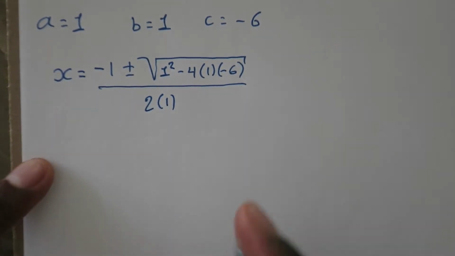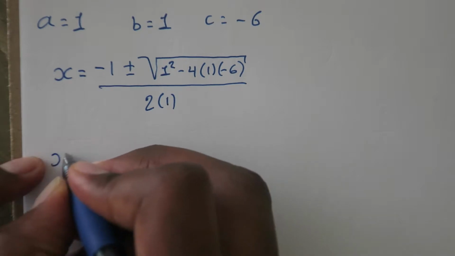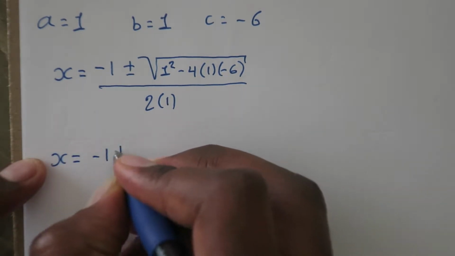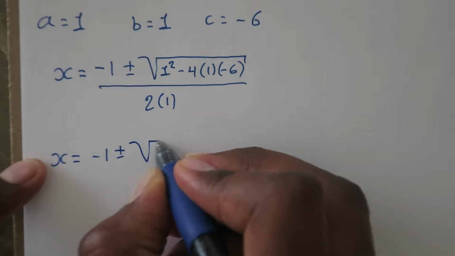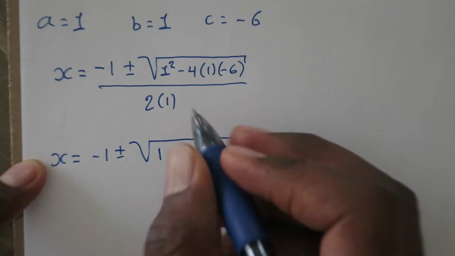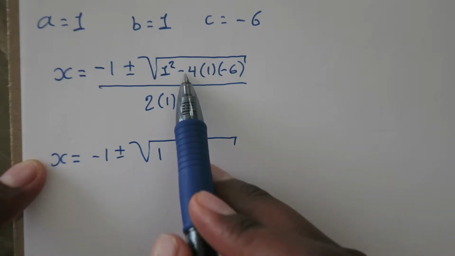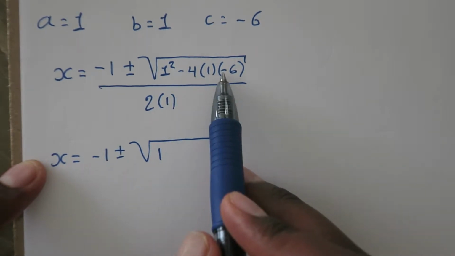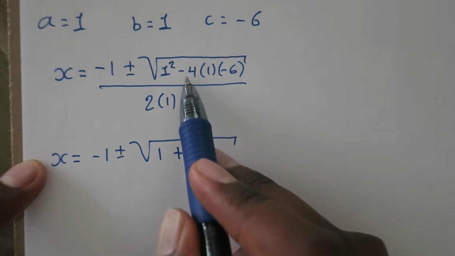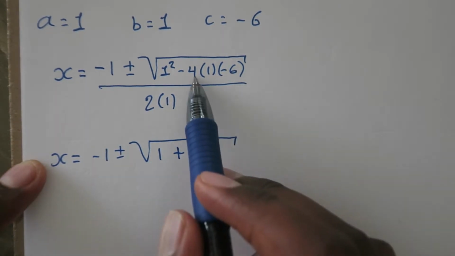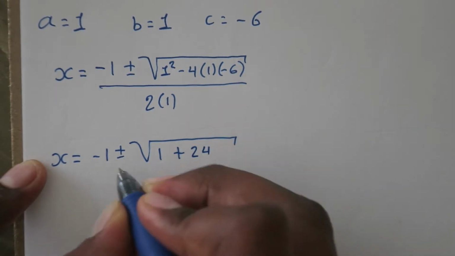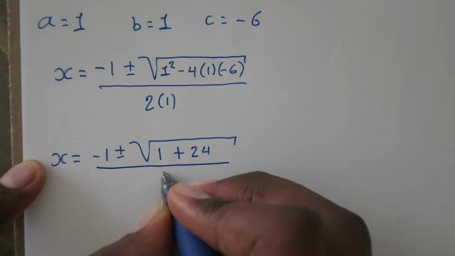Let's see if we can simplify this. So this simplifies into x equals negative 1 plus or minus, inside the radical, 1 squared is 1. And then if you notice here, a negative 4 times 1 times negative 6 will change into a positive value because negative and negative makes positive. 4 times 1 is 4, times 6 is 24, all over 2 times 1 is 2.